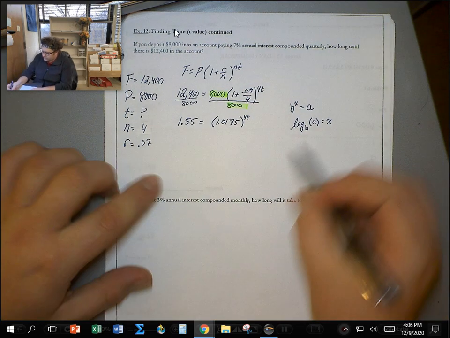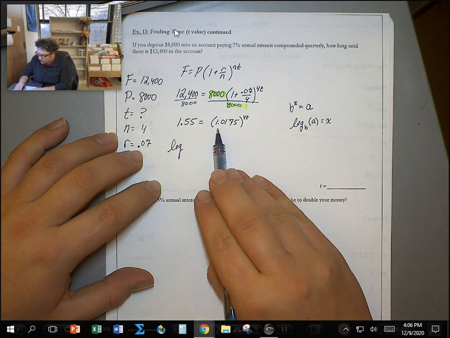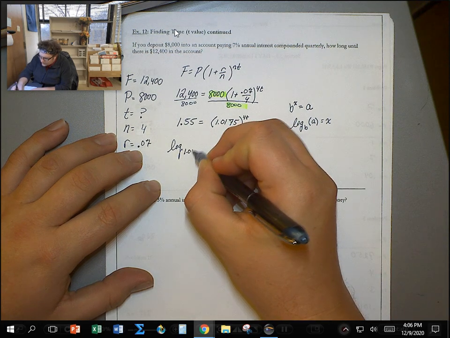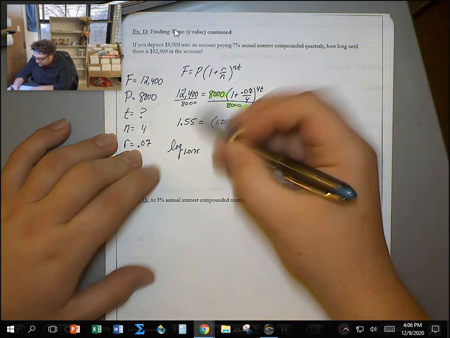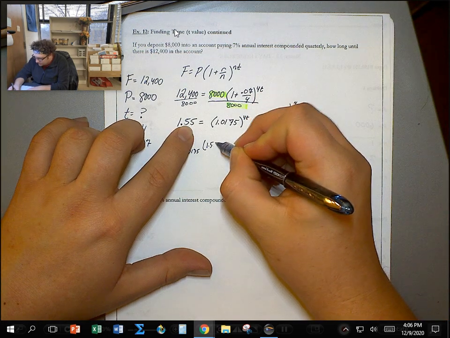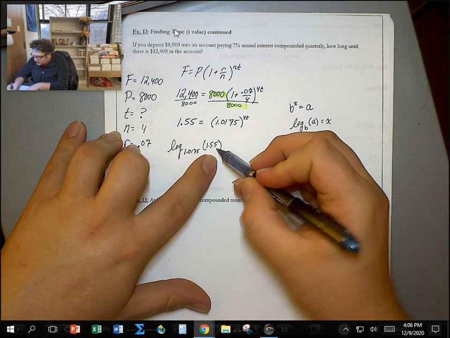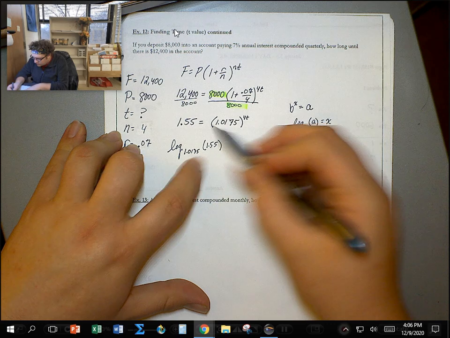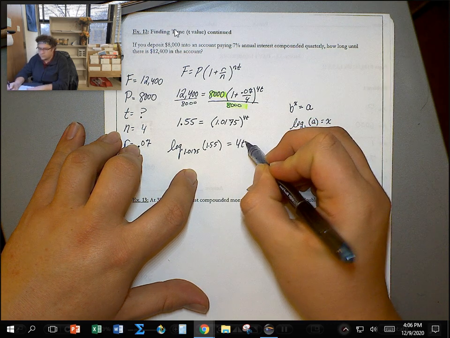Okay, so the log, the base, 1.0175, and then the answer is right over here. So we've got the base, we've got the answer, and we need the exponent. So whatever that power was, that is now all by its lonesome over on the right.